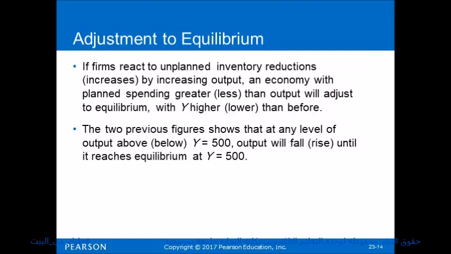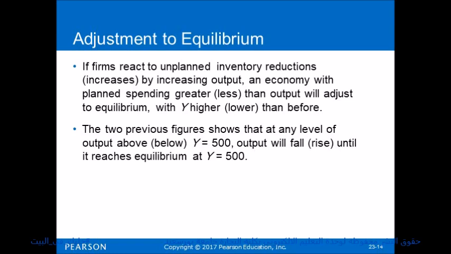Adjustment to equilibrium. If firms react to unplanned inventory reductions, or increases in the opposite case, by increasing output, an economy with planned spending greater or less than output will adjust to equilibrium with Y higher or lower than before.